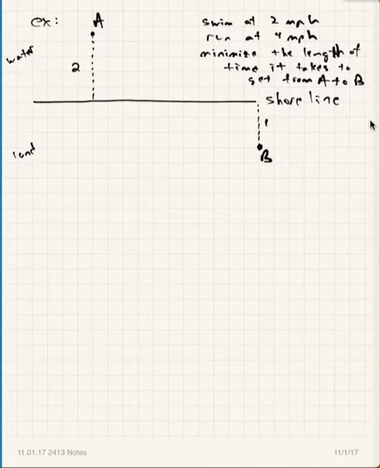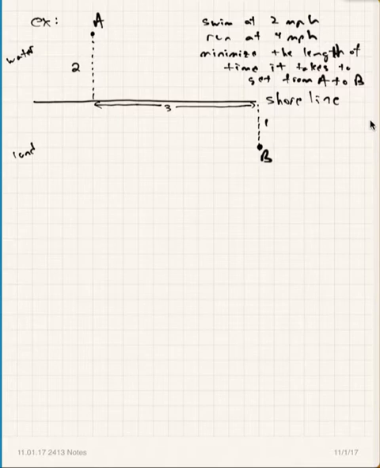One other piece of information I left out is that these points are exactly 3 miles apart on the shoreline right here. That's 3 miles right there.